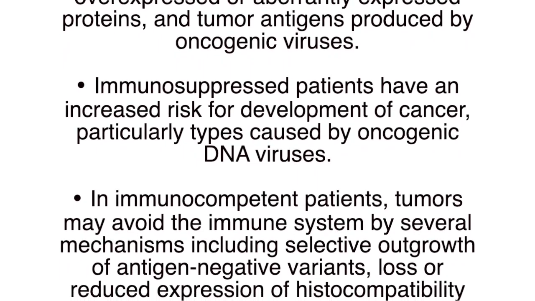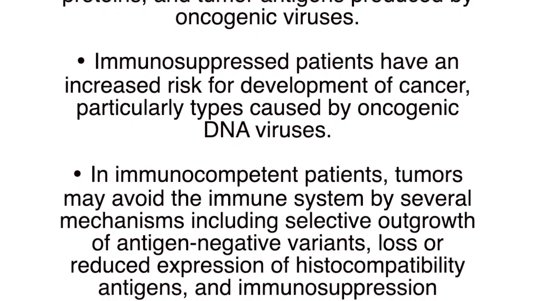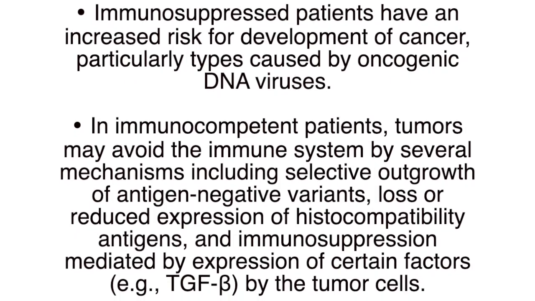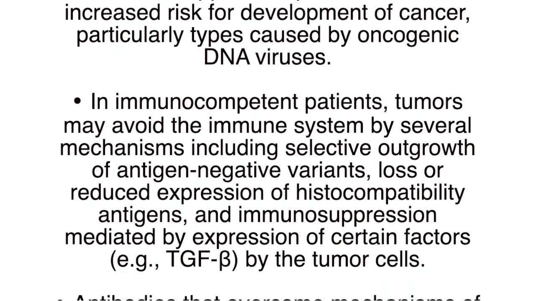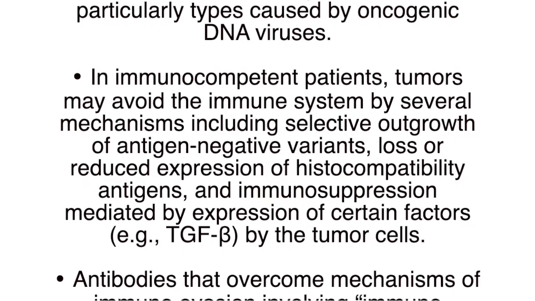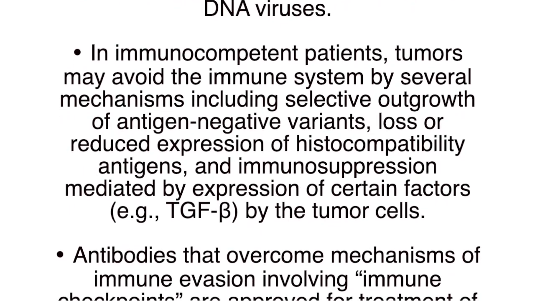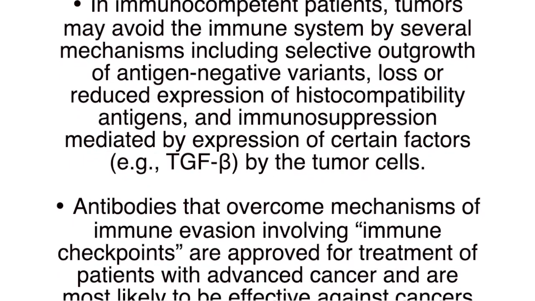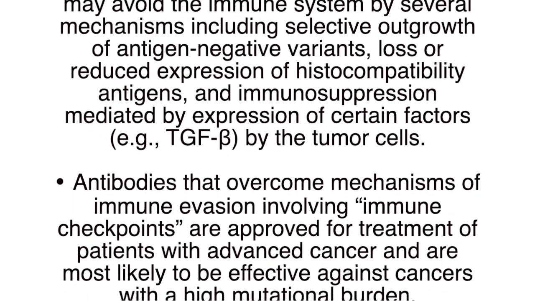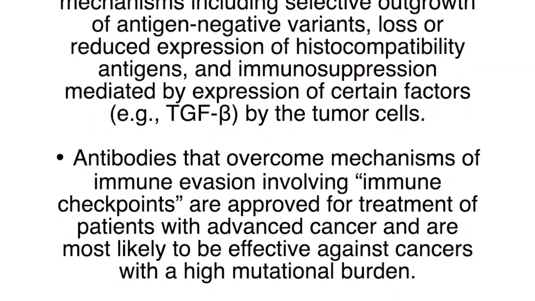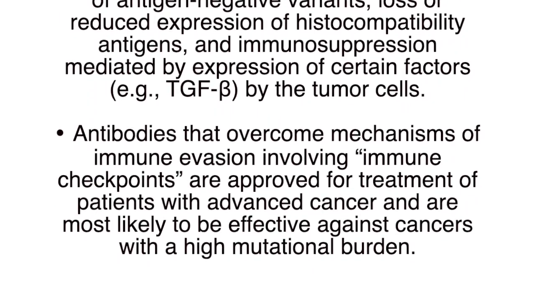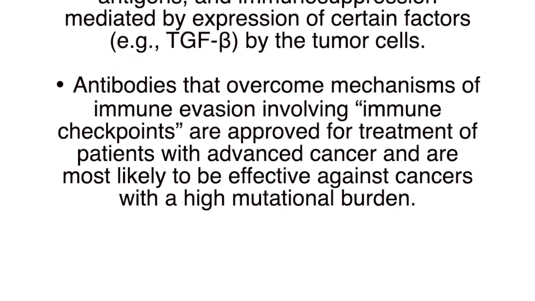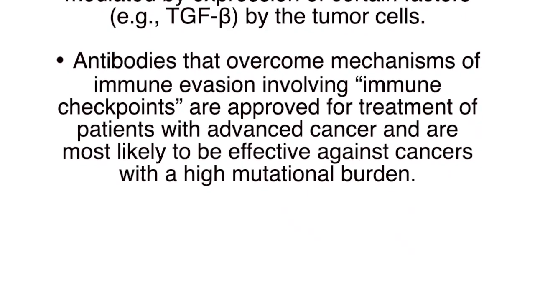Immunosuppressed patients have an increased risk of development of cancer, particularly types caused by oncogenic DNA viruses. In immunocompetent patients, tumors may avoid the immune system by several mechanisms, including selective outgrowth of antigen negative variants, loss or reduced expression of histocompatibility antigens, and immunosuppression mediated by expression of certain factors like TGF beta by the tumor cells.